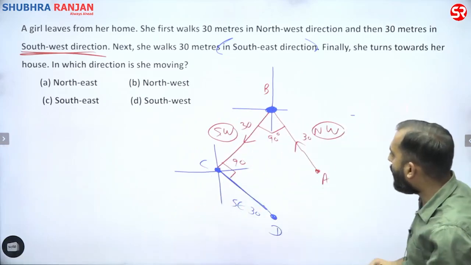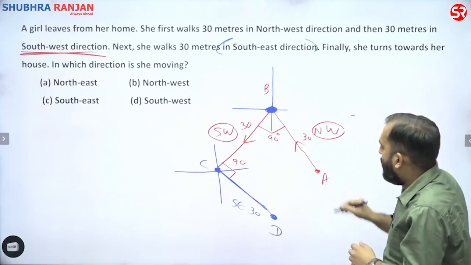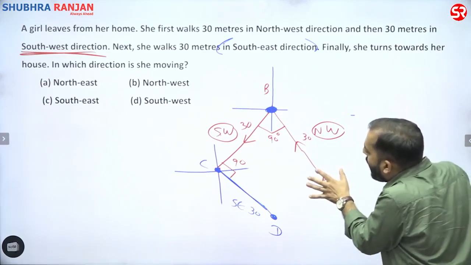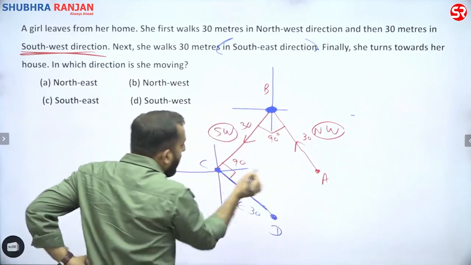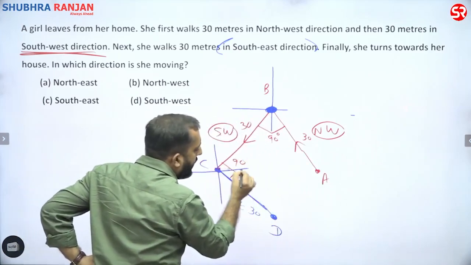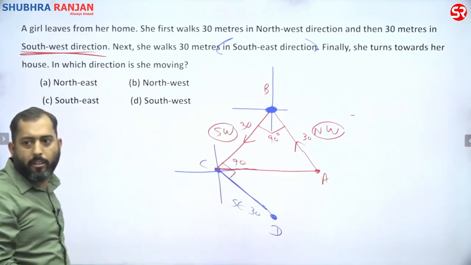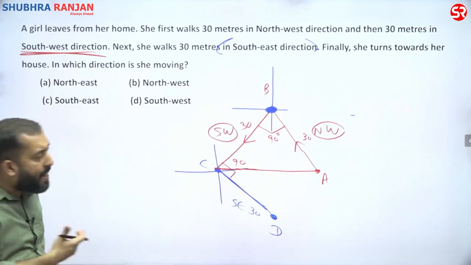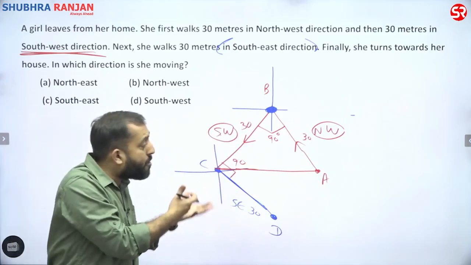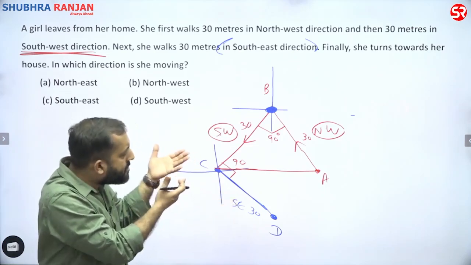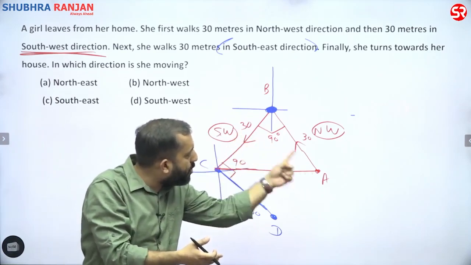Finally, now, so this is point A. From this point, if I join point A and C, they will lie on the same line. They're going to lie on the same line by symmetry.